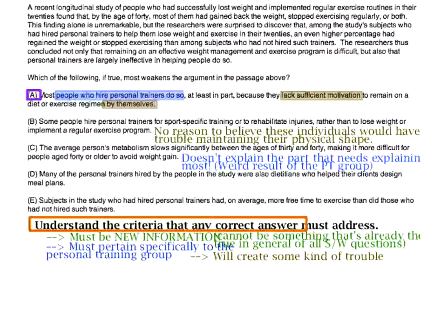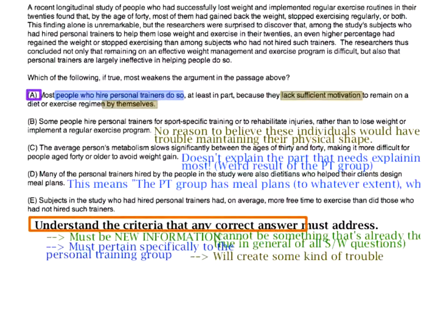I mean, this means the PT group has meal plans to whatever extent, while the other group may not. So this would actually point in the opposite direction.